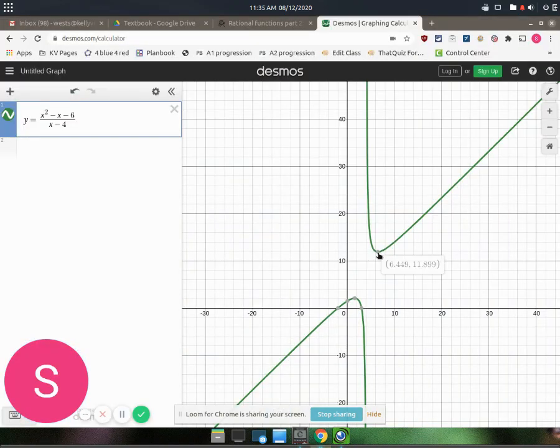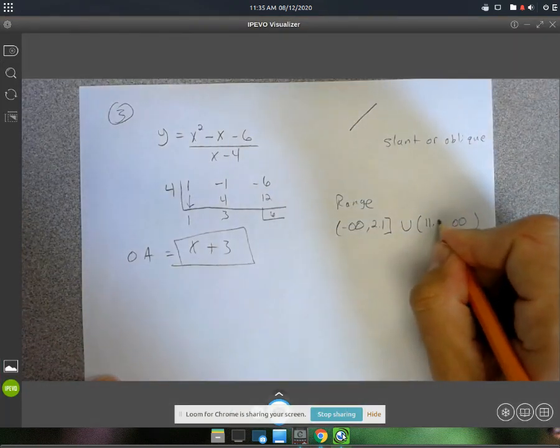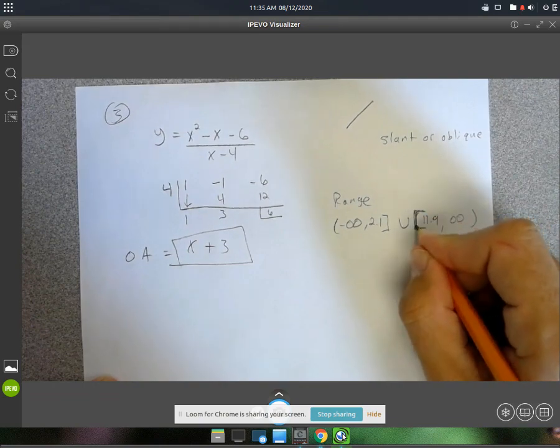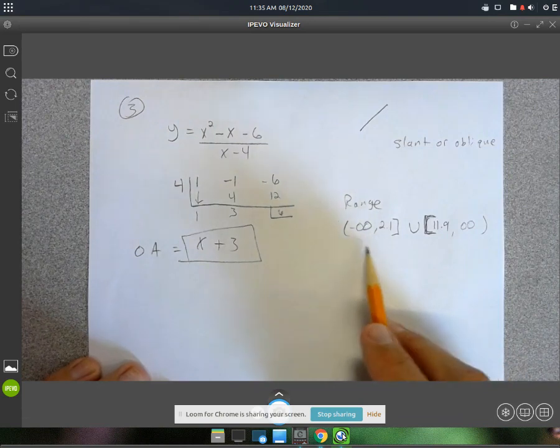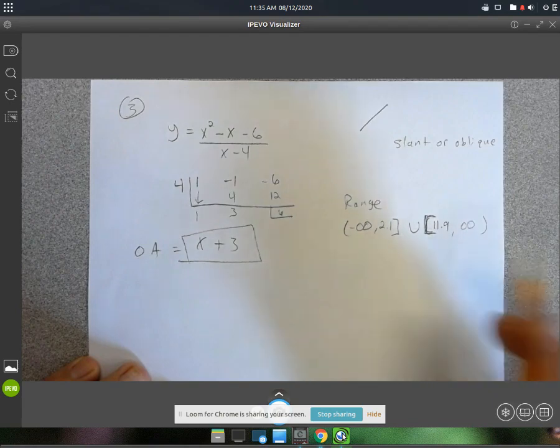And on the bottom here, the upper is going to be 11.9, I guess. And you'll see that is actually included. So that'll be 11.9 to infinity. And that should be a bracket too, I'm sorry. There we go. So this function is defined for all values except for the values between 2.1 and 11.9.